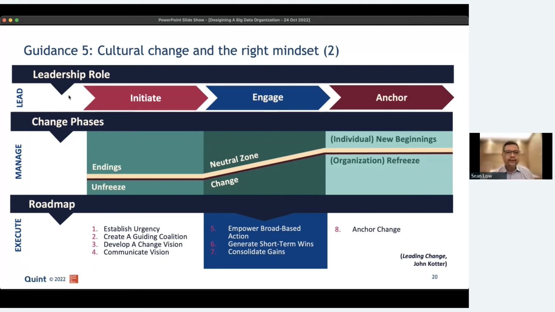So if you look at the very top, the leadership role is the one that actually plans for it, right? They will initiate the change. They will start engaging the people in the journey of change. And once the change is adopted, they will anchor it as the new way of working. Again, anything that is not anchored, people will go back to the old way of doing things.